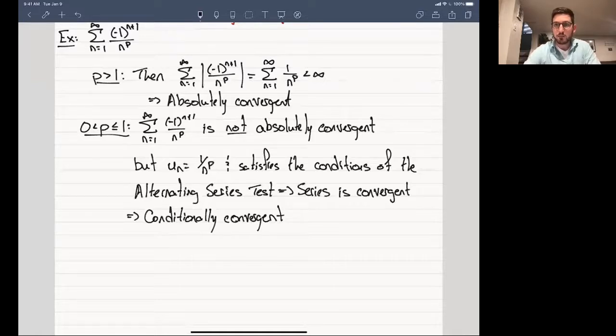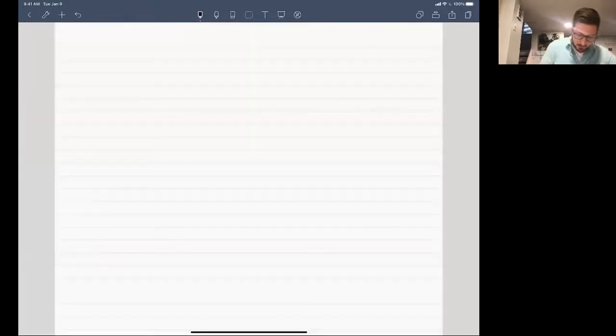Now, what I really want to talk about is what I think is one of the coolest, most interesting results that comes with these conditionally convergent series. And the way that we're going to think about this first is from what's called the rearrangement theorem for absolutely convergent series. So let's start with that theorem, and then I'll give you an example of why that theorem doesn't apply to conditionally convergent series. Okay, here's the theorem.